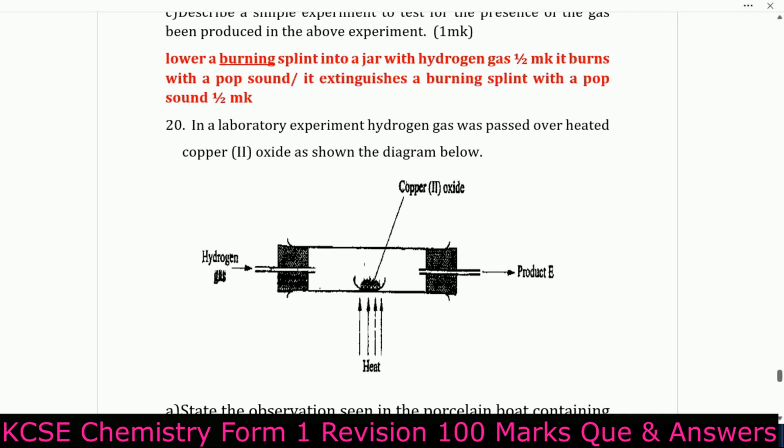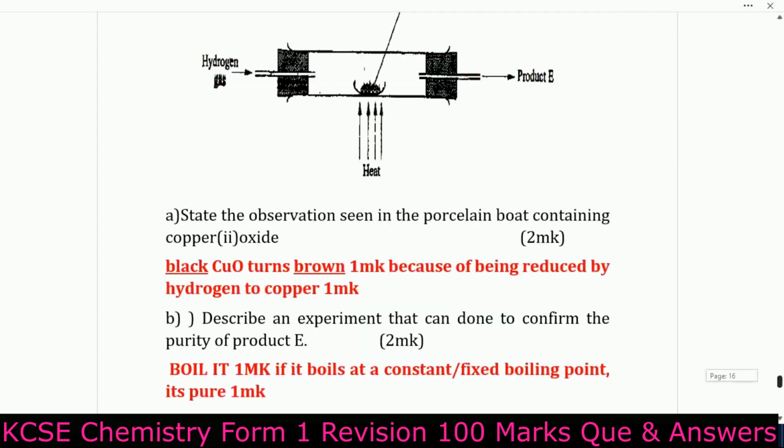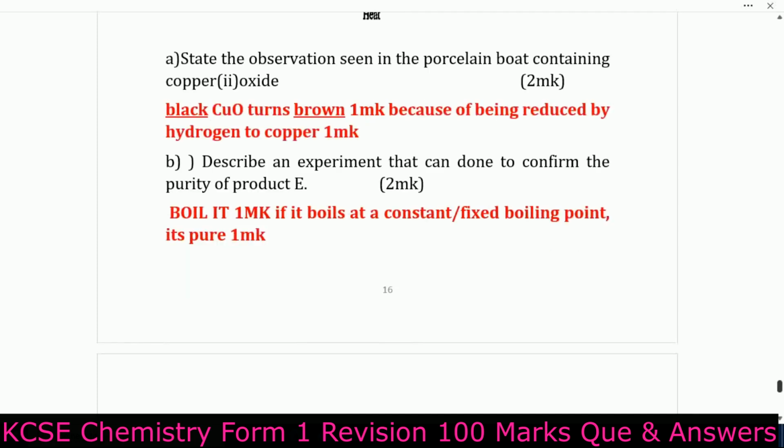Then we have product B, and you are told state the observation seen in the porcelain boat containing copper(II) oxide. What happens there? Black copper(II) oxide turns brown because of being reduced by hydrogen to copper.